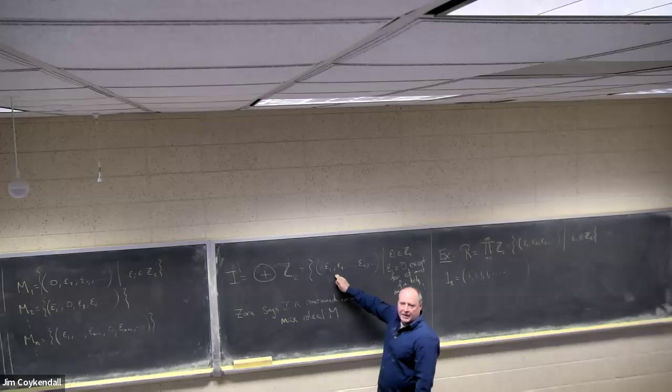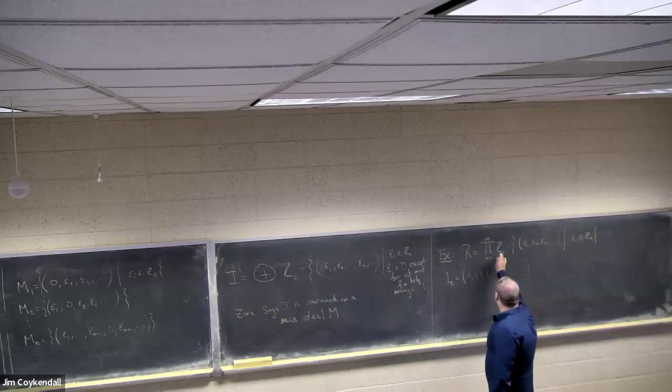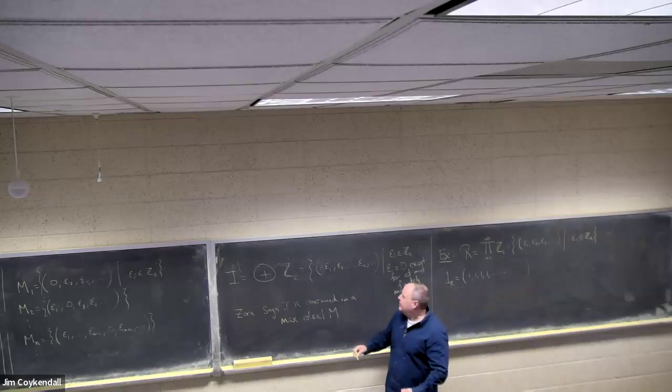This is everything that ends in infinite strings of zeros, correct? There are countably many things in this ideal. This ring is uncountable. So you might ask yourself, is this in fact the maximal ideal?